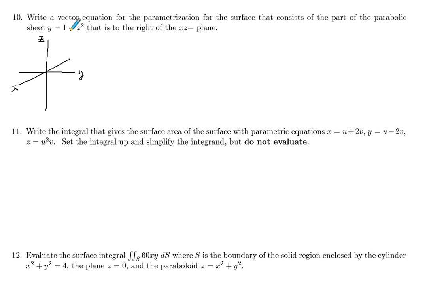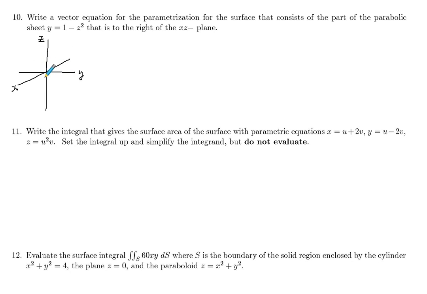Okay, x is not included in this equation, so it's independent of x. So we're just looking at the yz plane here. And y is written in terms of z. So y is acting like our dependent variable, z is our independent. So 1 minus z squared. Well, y equals z squared would be a parabola that opens to the right.